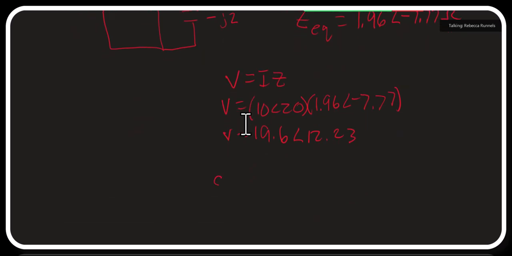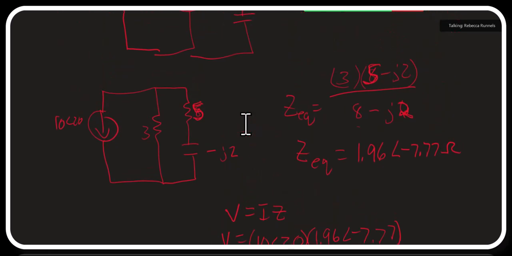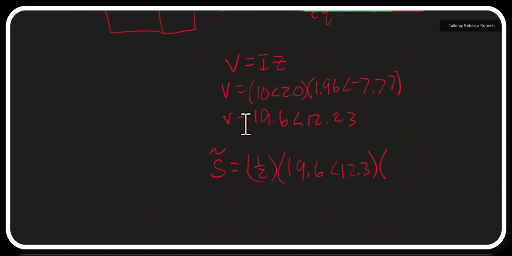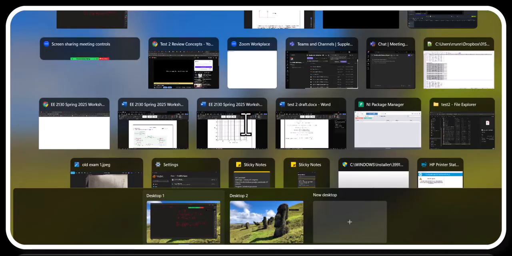And then we get our complex power by taking 1/2 V, 19.6 angle 12.23, times I conjugate. And I conjugate is 10 angle negative 20.